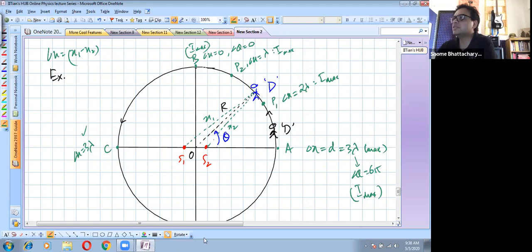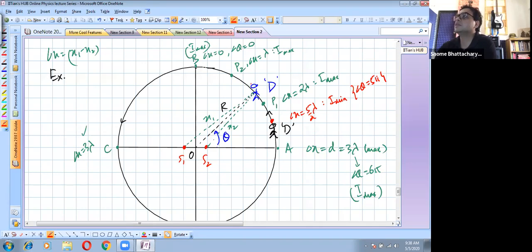Now interestingly, there will also be positions where you get minimum, because in between 2 lambda and 3 lambda there should be a position where delta x equals 5 by 2 lambda. So here you get the minimum intensity, because your phase difference becomes 5 pi.